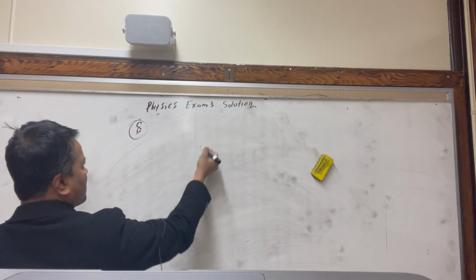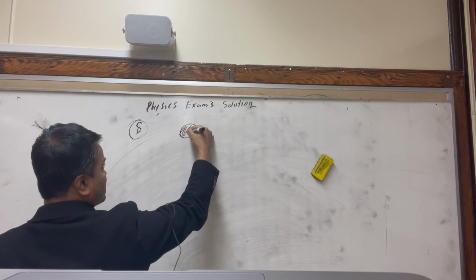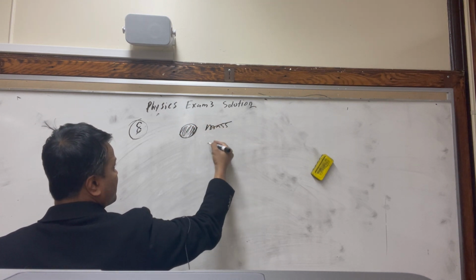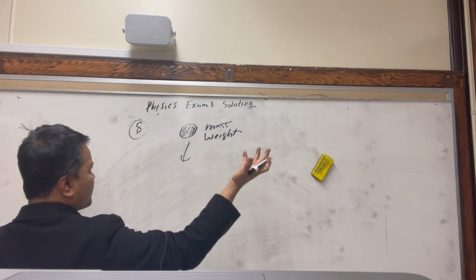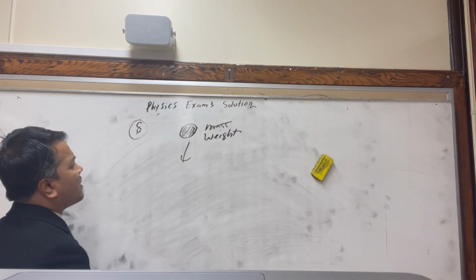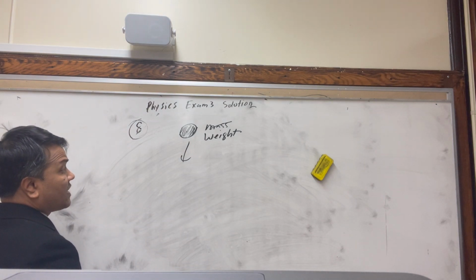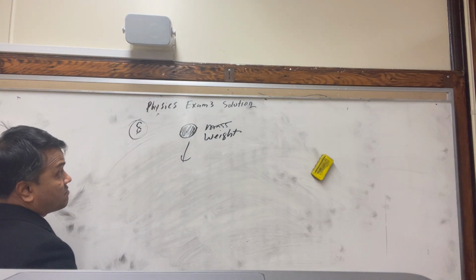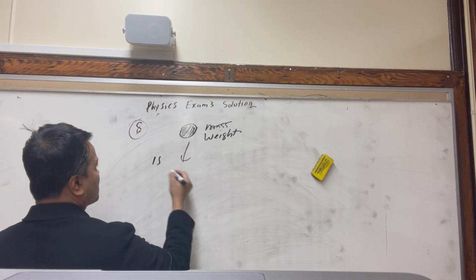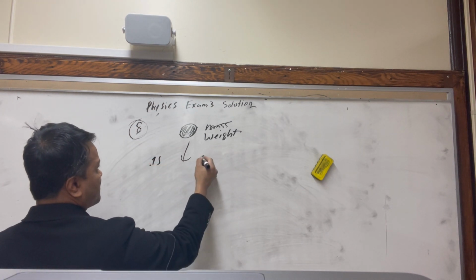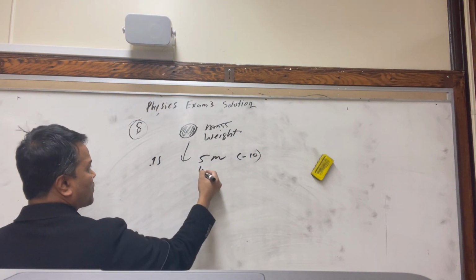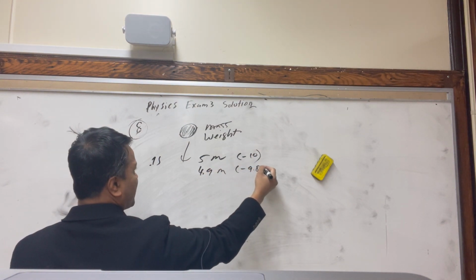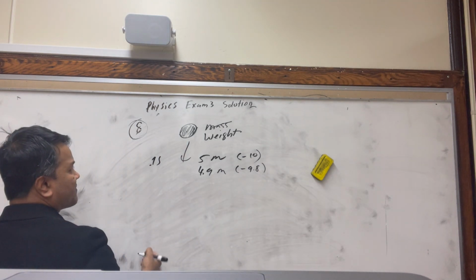This is the easiest problem. Instead of mass, this time I gave you the weight. The weight is falling, so it doesn't matter what is falling. I want you to find how far it falls in 1 second. In 1 second it falls, pretty easy, 5 meters if you use negative 10 as acceleration due to gravity, 4.9 meters if you take negative 9.8, at the end of 1 second.